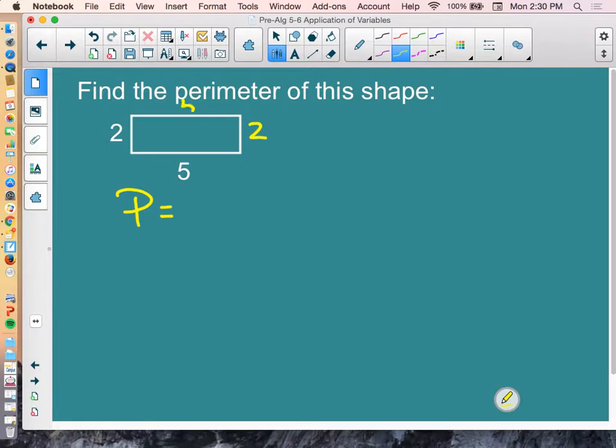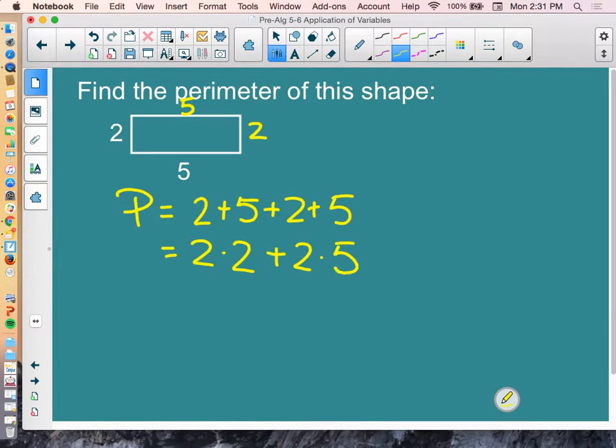So you could do that a couple different ways. Notice because it's a rectangle, we know those side lengths are 5 and 2, and we could just do 2 plus 5 plus 2 plus 5. There are many ways to do this. We could also do 2 times 2, because there are two 2's, plus 2 times 5.